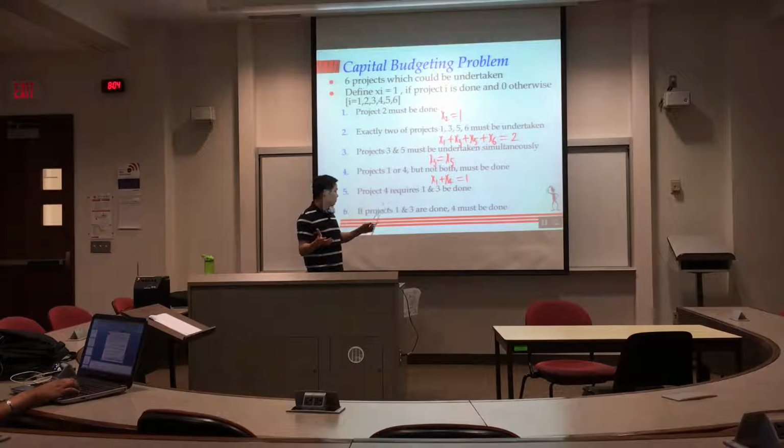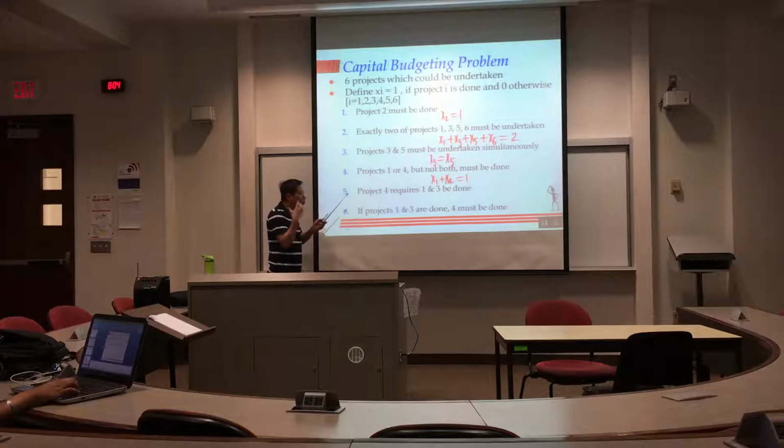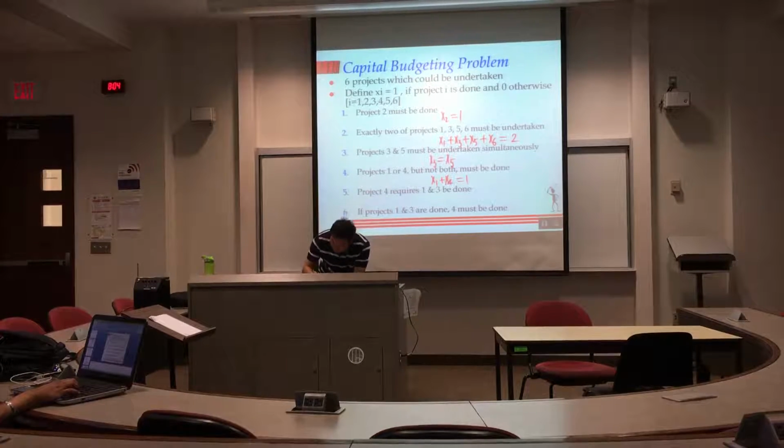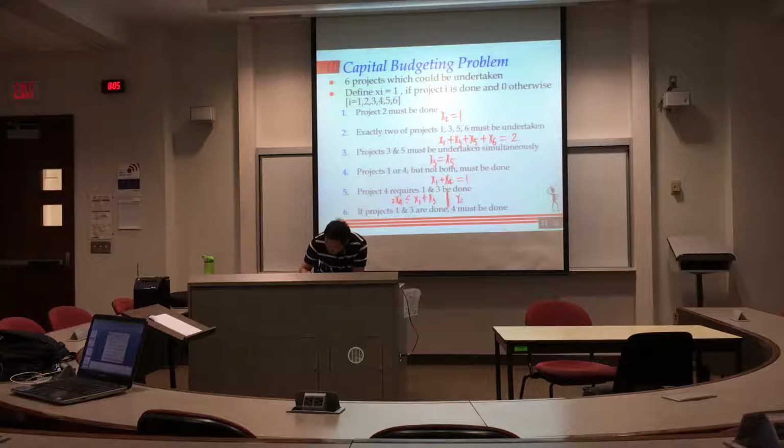So again, this probably is not that clear, but it means it's an only if constraint. So as we said, you can write 2x4 less than or equal to x1 plus x3, or you can write x4 has to be less than or equal to x1 and x4 less than or equal to x3.